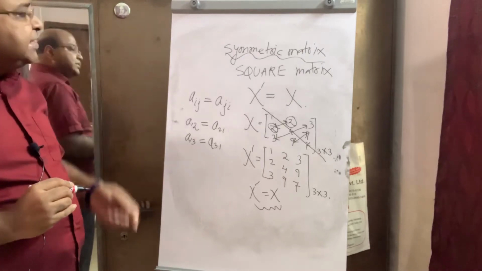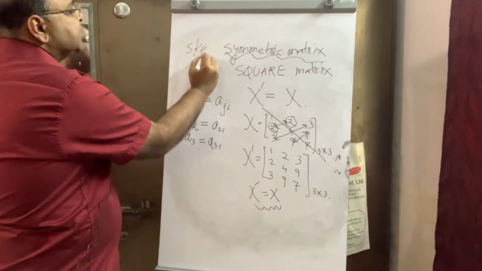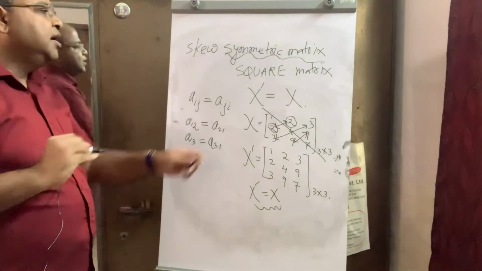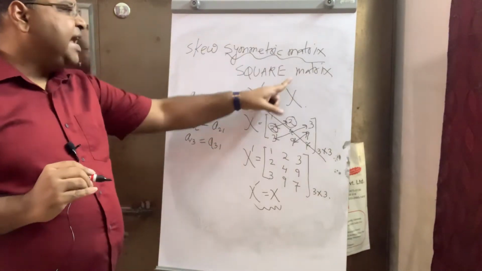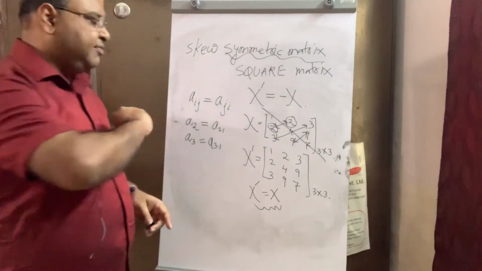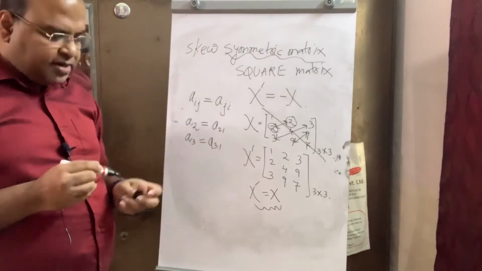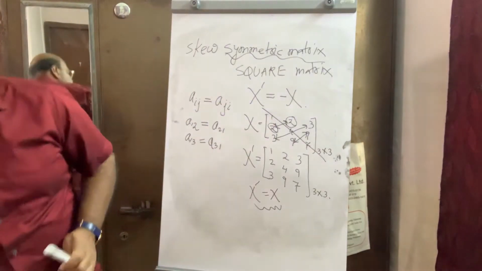And similarly for a skew symmetric matrix, the concept is almost similar. The only difference is a square matrix X whose transpose will be minus of itself. If X transpose becomes negative of itself, then the matrix is said to be a skew symmetric matrix.